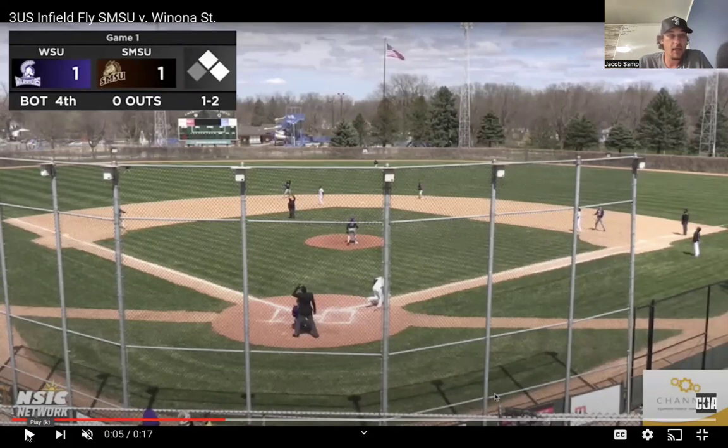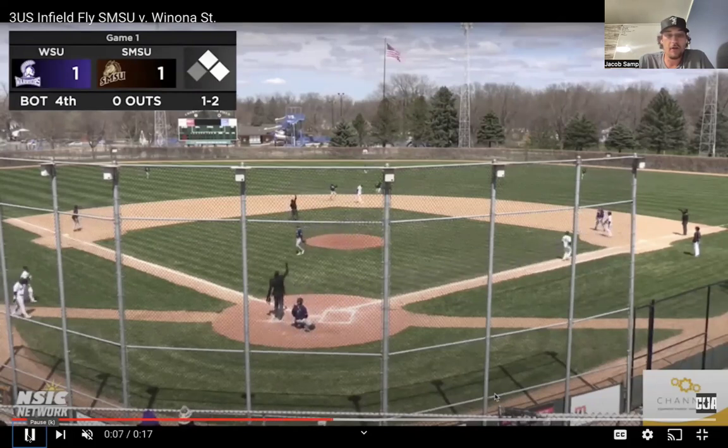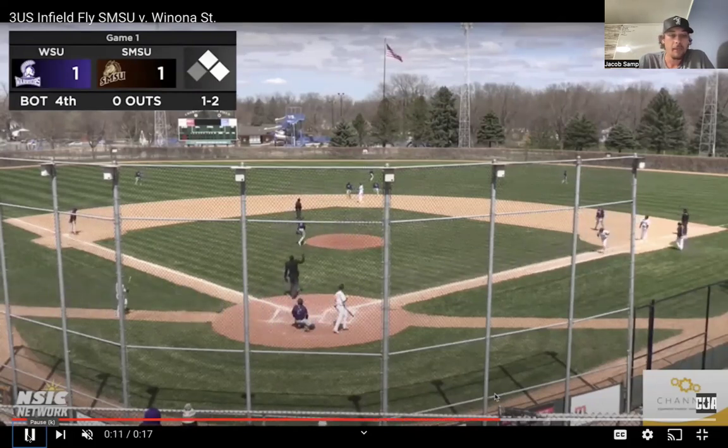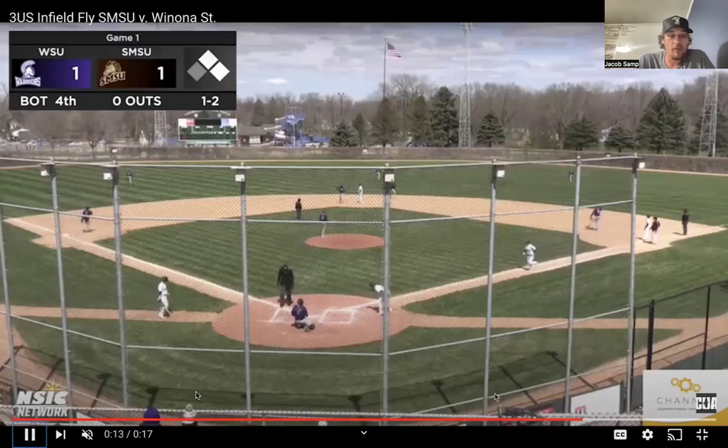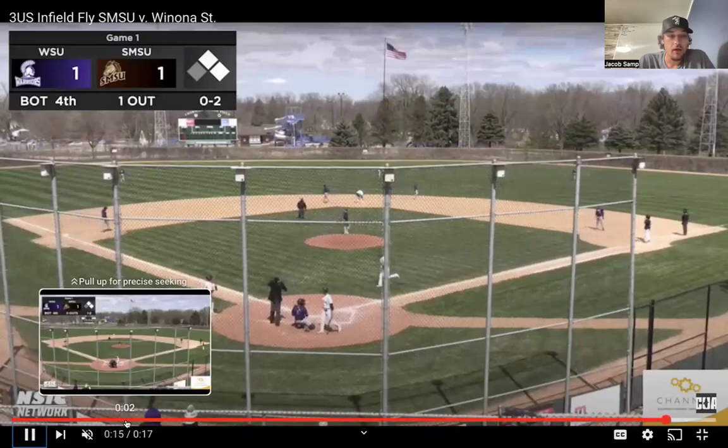At that point in time, he had no idea where that baseball was at. Not having to fight the sun, I knew right where that baseball was at. And as soon as I figured out he could not find the baseball, I called infield fly quite loud, and then he mirrored it.